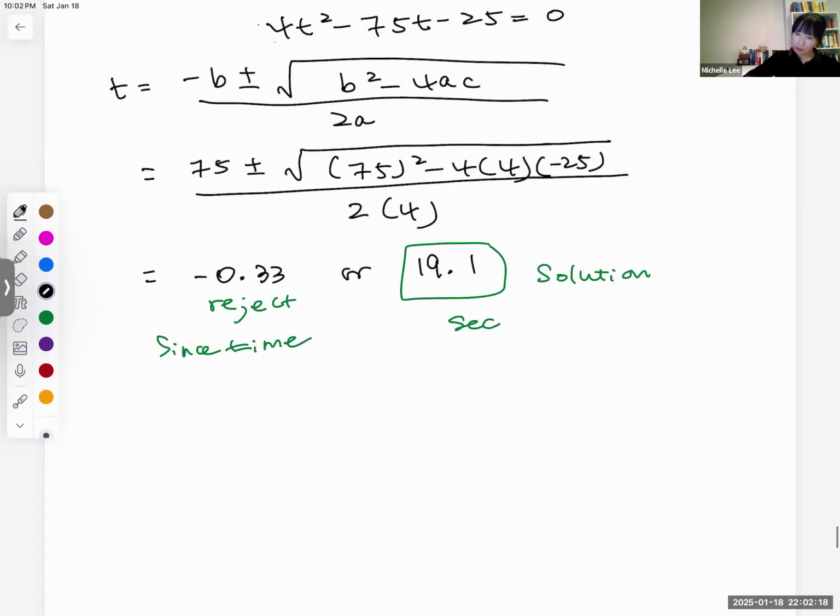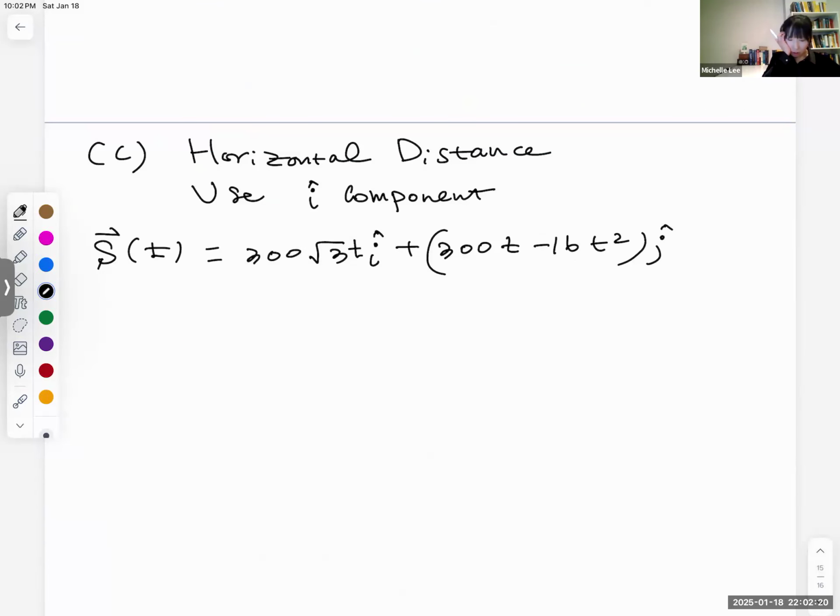So using the position vector and t equal to 19.1 from the second part.